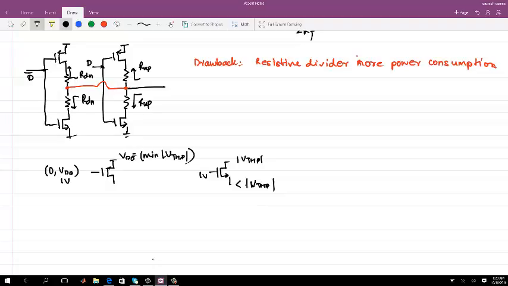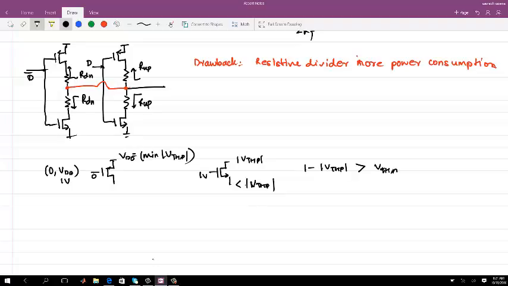So in the same condition where the PMOS was not working, the NMOS is working. Means in many cases it will work. The only requirement is that 1 minus |VTHP| should be greater than VTHN. If this condition is followed, then you can still work.